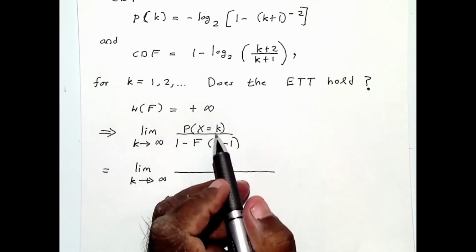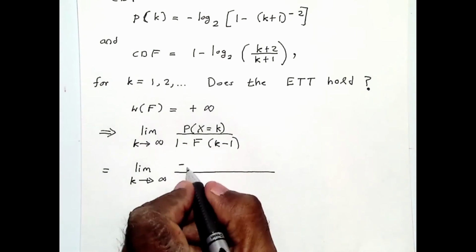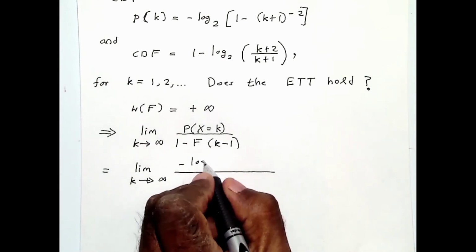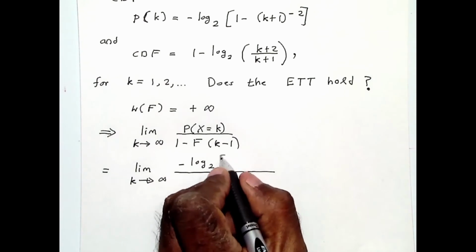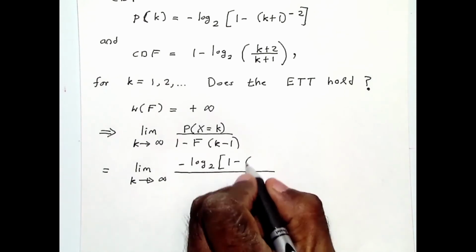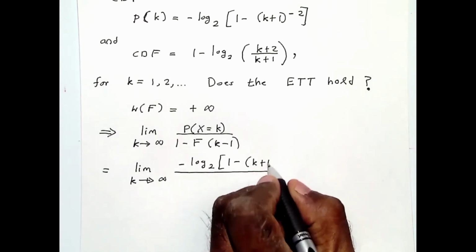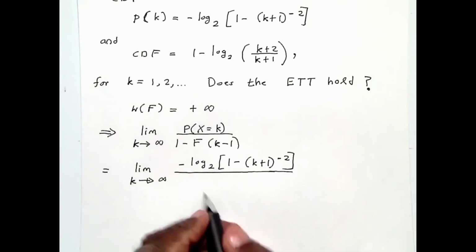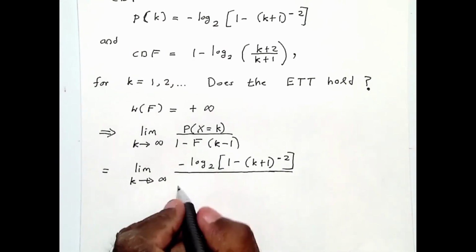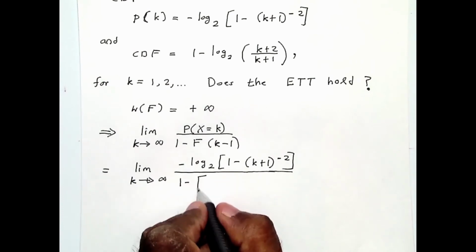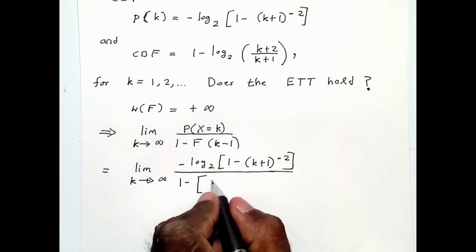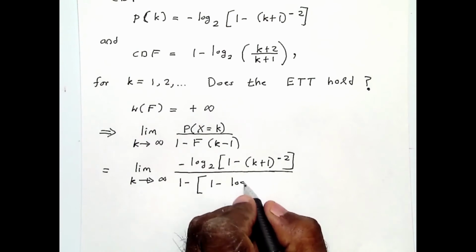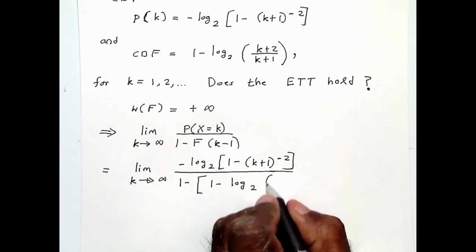The probability X equal to k is given to us, which is minus, and 1 minus the CDF at k minus 1 is 1 minus log base 2.